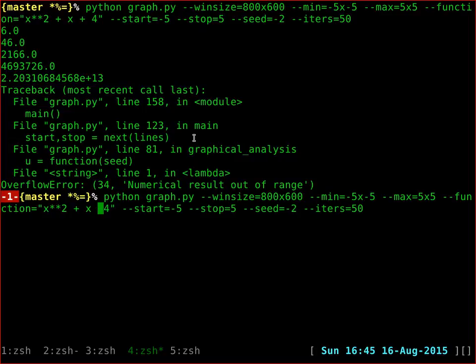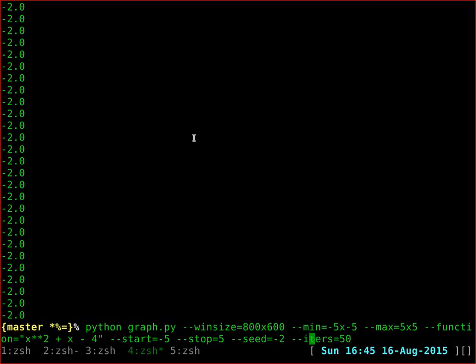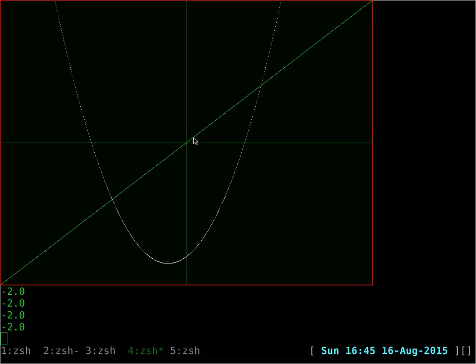So if we had minus 2, minus 4. Minus 2 is a fixed point. It stays there.